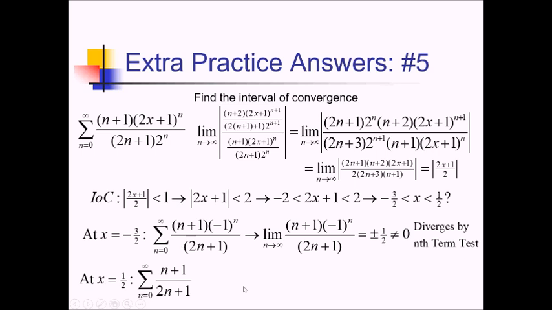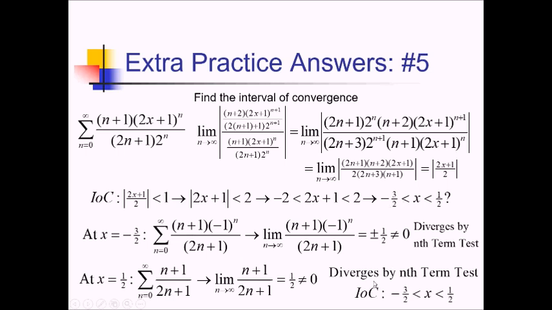If we try the limit of this thing as n approaches infinity, again running our nth term test, we see that this comes out to just 1 half, which again is not 0. So this also diverges by the nth term test. And then our final interval of convergence is going to have just strictly less than symbols. So negative 3 halves less than x less than 1 half. And that's it.